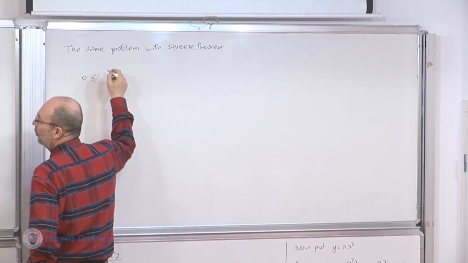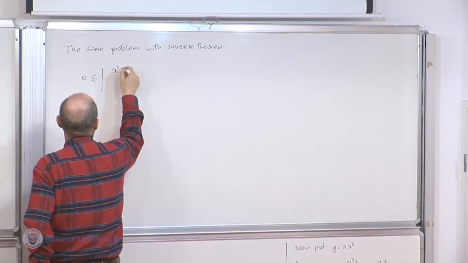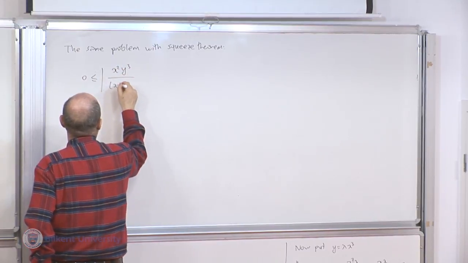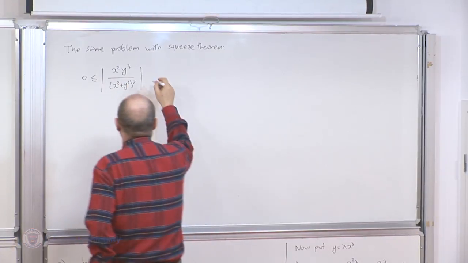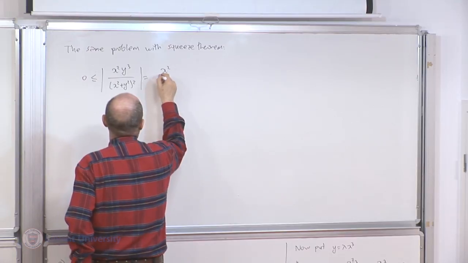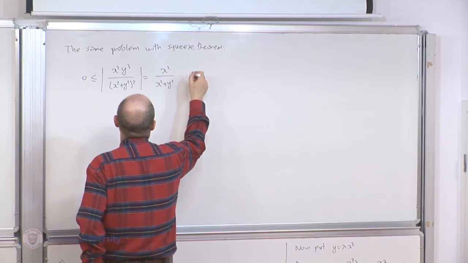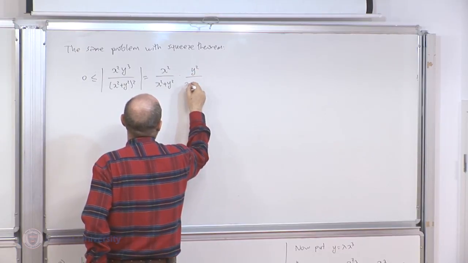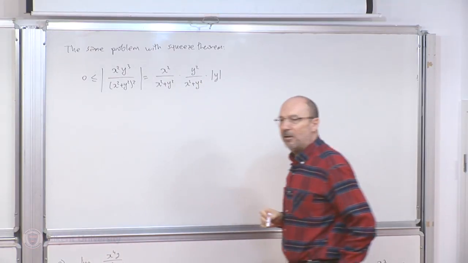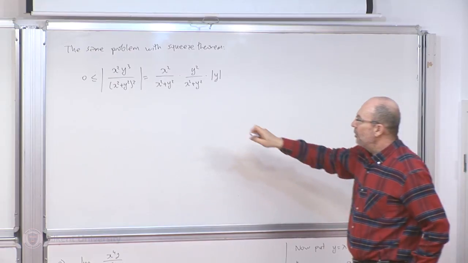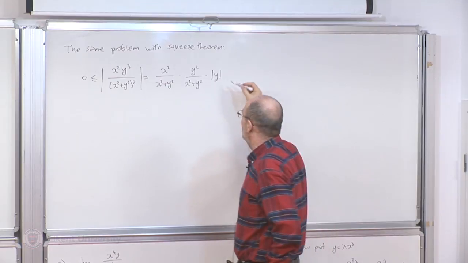Let me write this: x squared y cubed over x squared plus y squared, squared. This is first of all equal to x squared over x squared plus y squared, then y squared over x squared plus y squared, and then y. So you see that this is less than or equal to 1, and this is less than or equal to 1. So the whole thing is less than or equal to the absolute value of y.